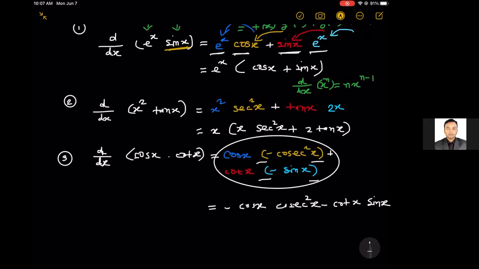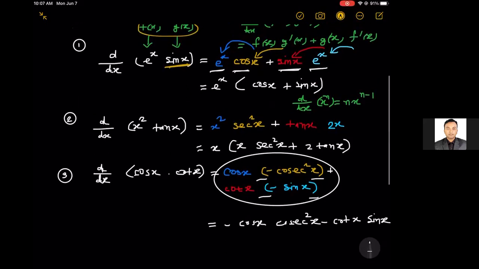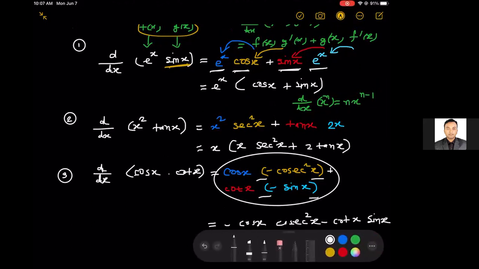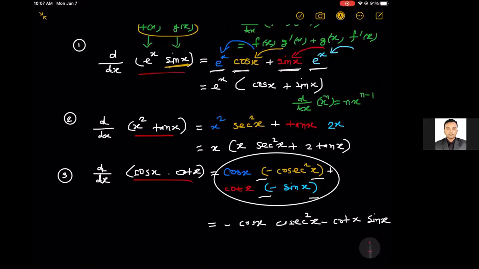Any question from any of the 3 problems or anything related to the product rule? We did a good job. We have used the product rule for these 3 problems.